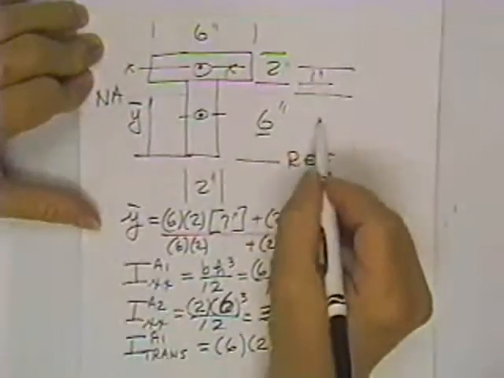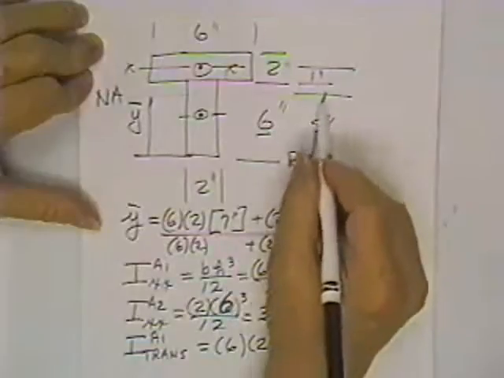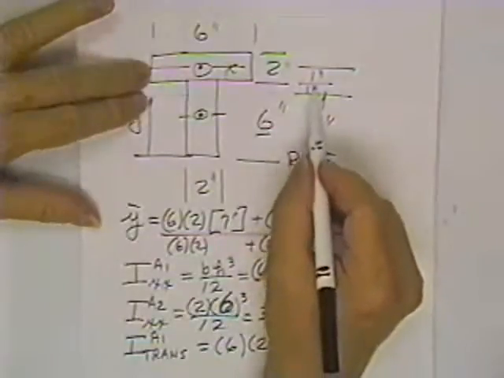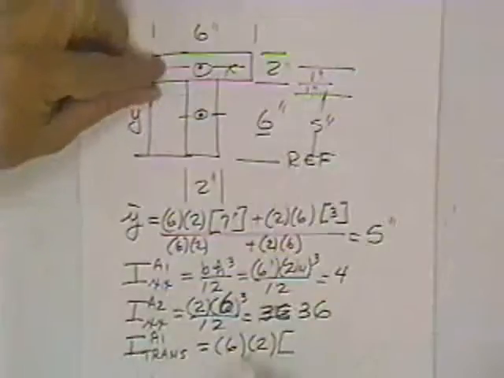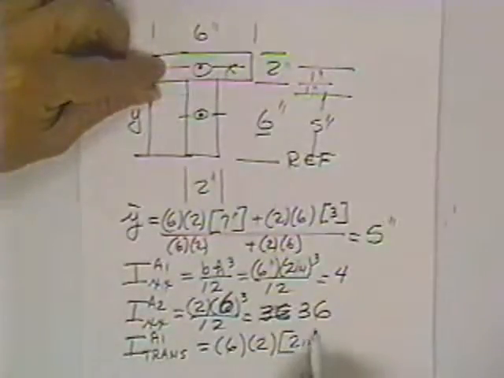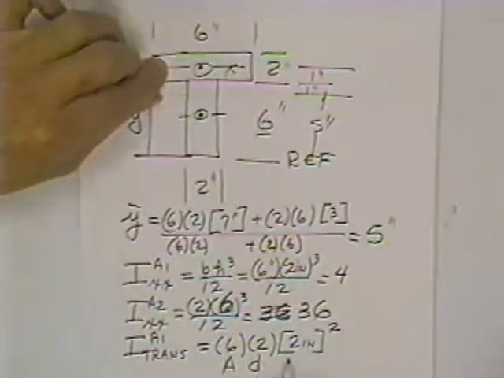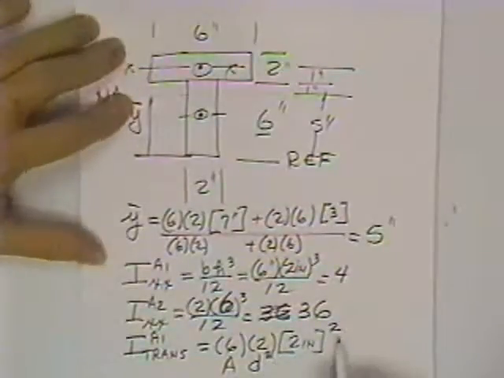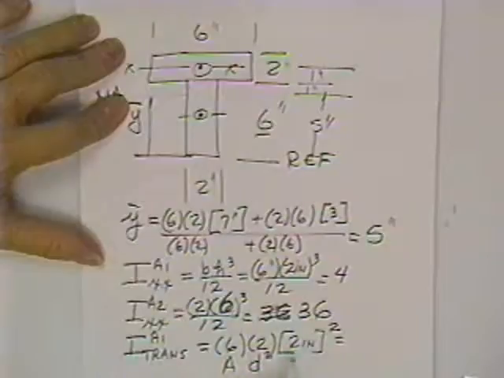This is 1 inch, this is 5 inches, and that's 6 inches, so that's 1 inch, so it looks to me like he lives 2 inches off the neutral axis. Don't forget to square AD squared. One of the answers on the quiz probably will be with a moment of inertia AD. What do you get for that? 48. 48.